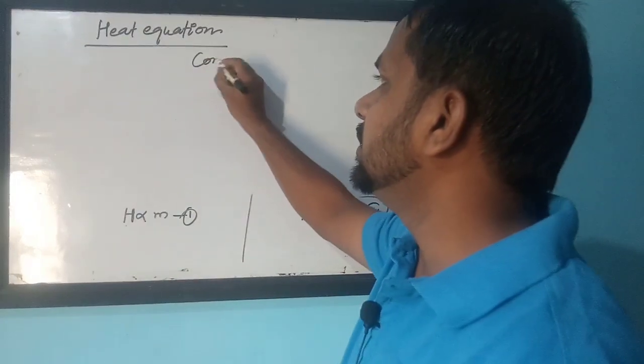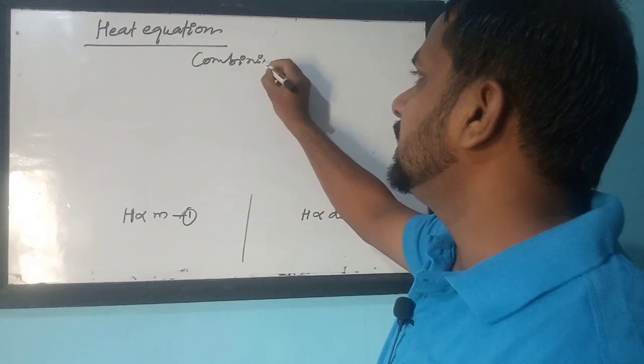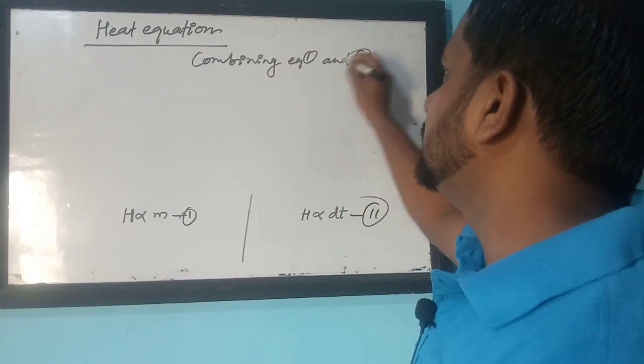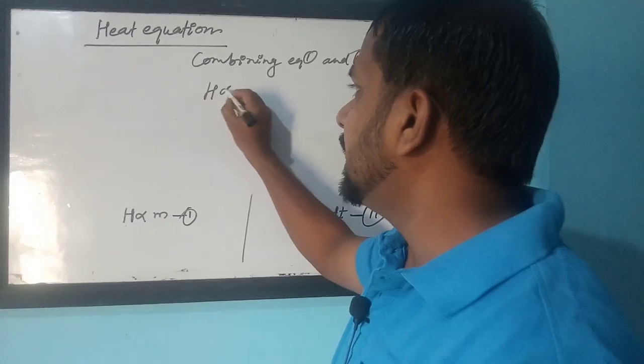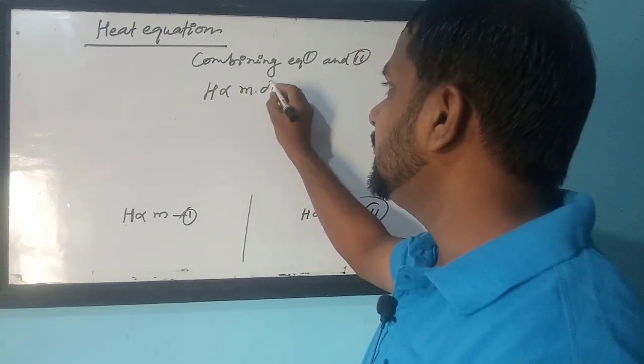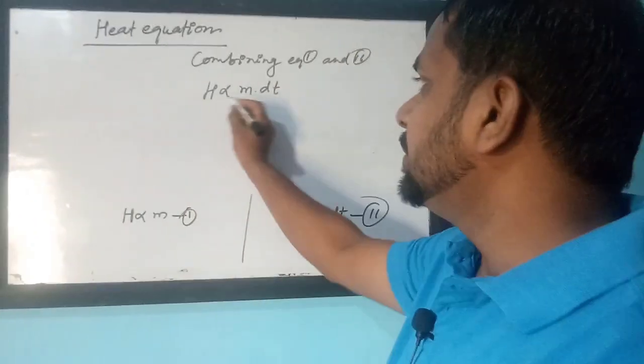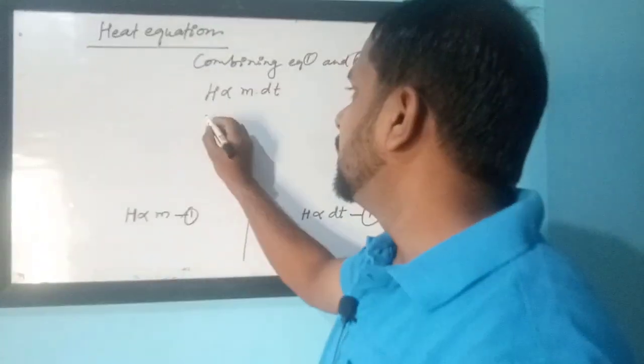Combining equation 1 and 2, we get H is directly proportional to m dT. Then when we remove the proportional sign, what will it be?